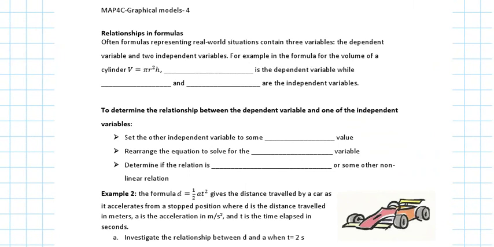So the volume is the dependent variable, and it depends on the radius and the height of the cylinder. So the radius and the height, they're independent. So the volume depends on the radius and the height of the cylinder.